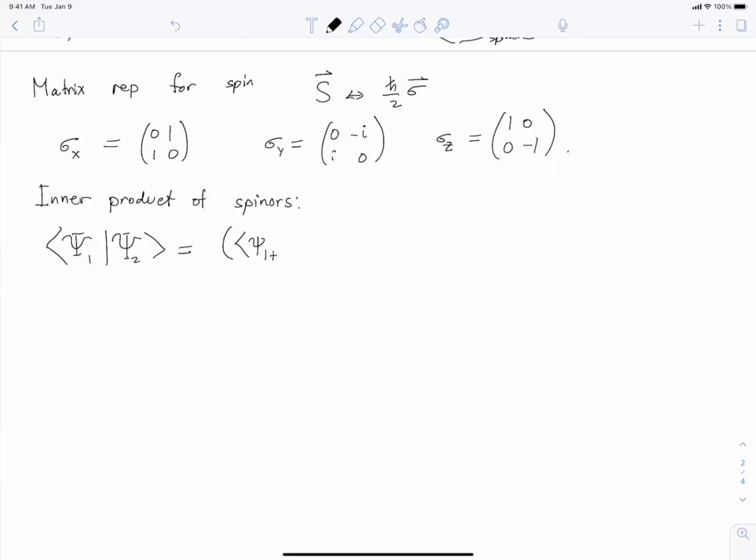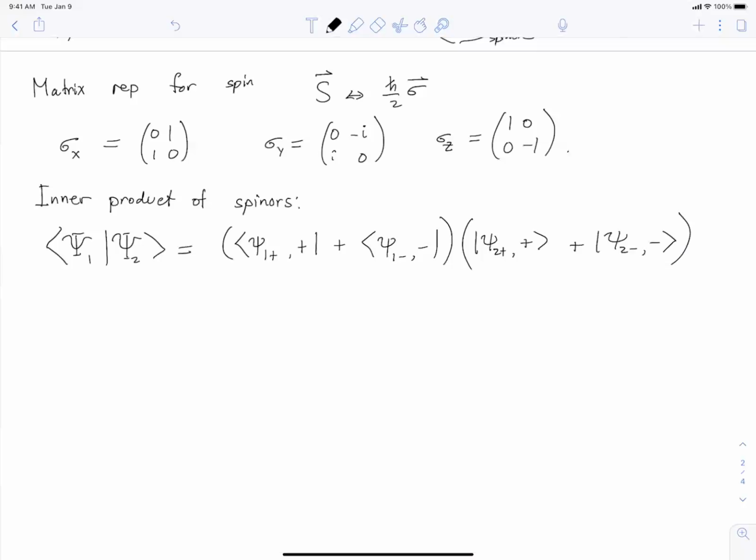I'm going to continue to use plus and minus. For some reason, when I do handwriting, it's easier to do plus and minus, and when I do typesetting, I like up arrow and down arrow. Okay, and so it looks like that. That's in the original completely ket notation.